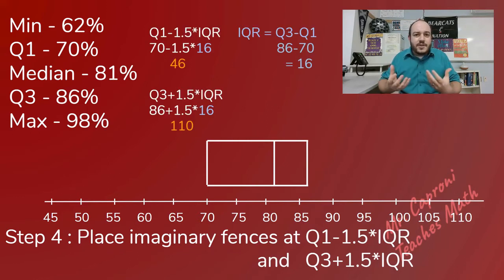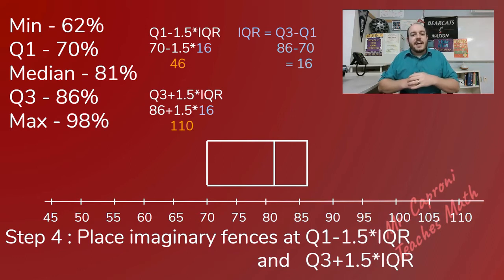Now, why are we creating fences? Well, these fences are going to be used in just a minute to tell us if there are any outliers in our graph. It will help us also draw them visually on the graph. So let's go ahead and do the formula right now in front of our eyes. You can see here at the top, Q1 minus 1.5 times the IQR became 70 minus 1.5 times 16, because as seen in blue, 16 is the IQR for this data set.